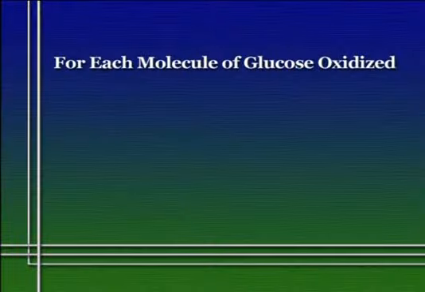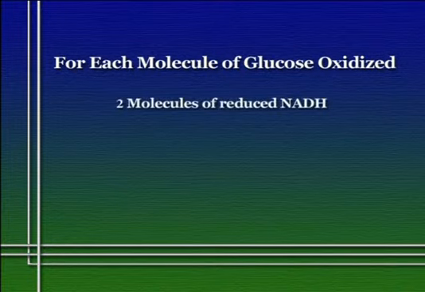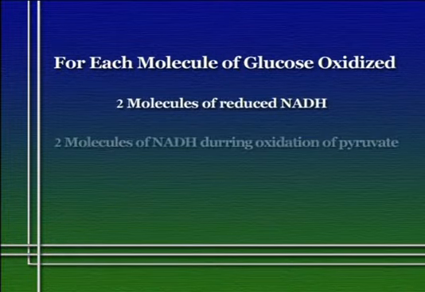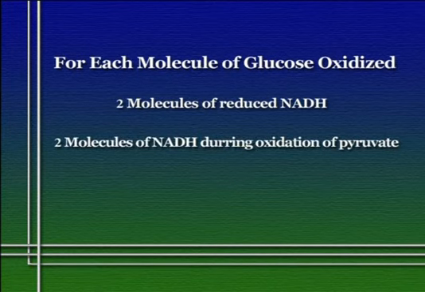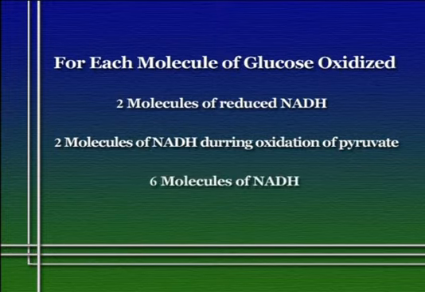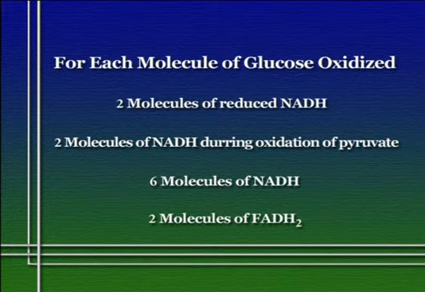On the other hand, the cell has captured a lot of energy in another form, remember. This is in the form of those electrons that have been picked up by the electron carrier molecules NAD and FAD. And we've actually picked up quite a bit of energy that way. For each molecule of glucose that's oxidized entirely, 2 molecules of reduced NADH were produced during glycolysis. 2 more molecules of NADH were produced during the oxidation of pyruvate to acetyl coenzyme A. And then another 6 molecules of NADH and 2 molecules of FADH2 were produced during the Krebs cycle.